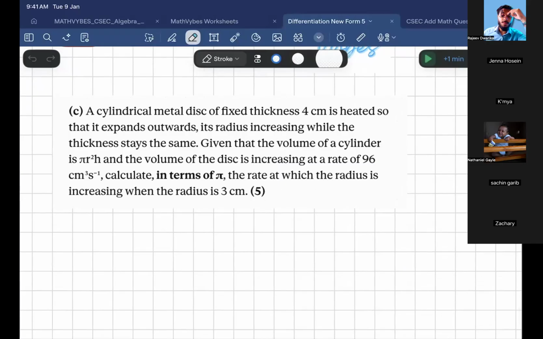So you will end up with 16 over 4 pi, and then that becomes 4 over pi. If you get 16 over 4 pi, that's correct. All right. Okay, so you can leave it as 96 over 24 pi. Why would you do that?